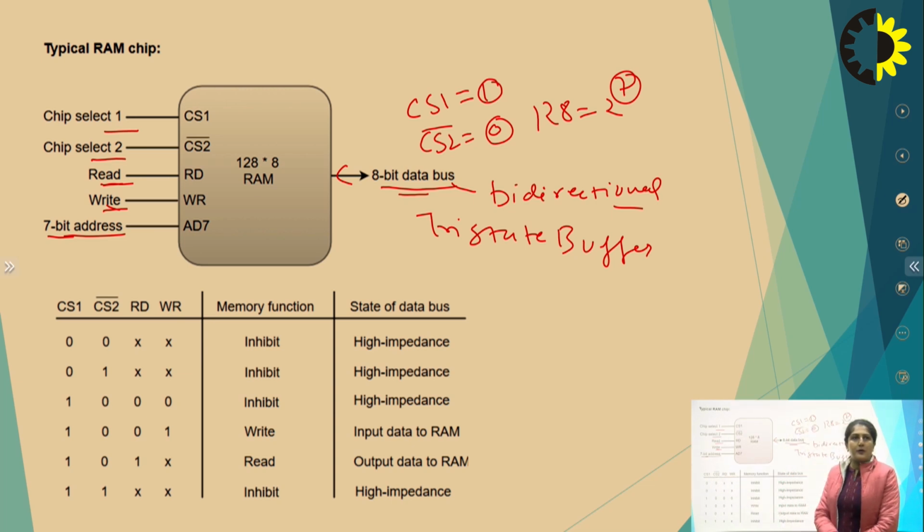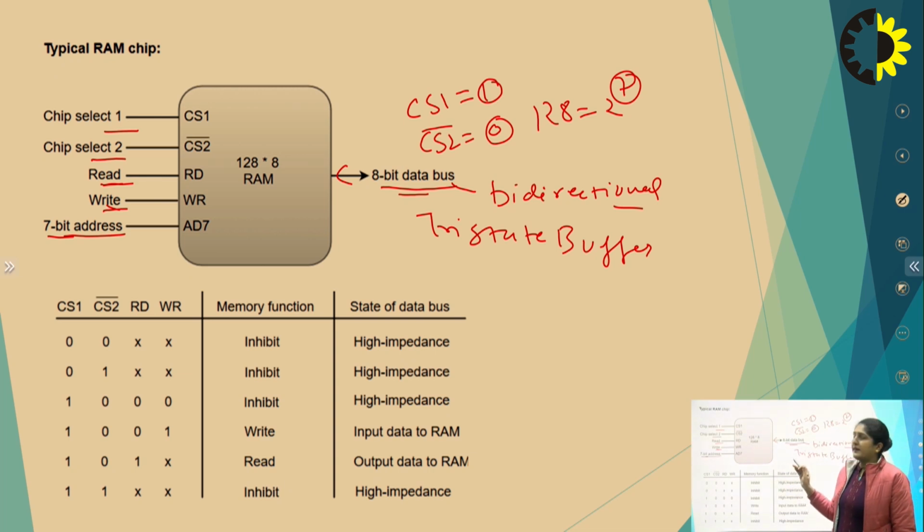There are 4 inputs. This is a memory function and this defines the state of the data bus. As I told you earlier, it will only work when chip select 1 is 1 and chip select 2 is 0. That's the only condition it will work.